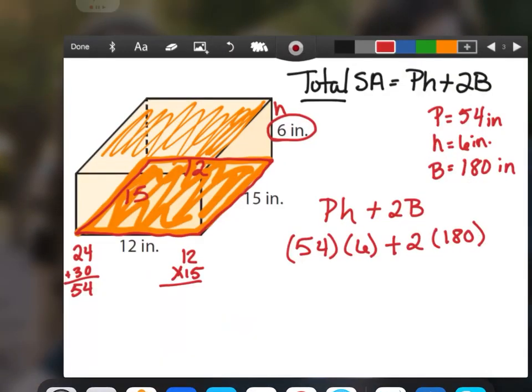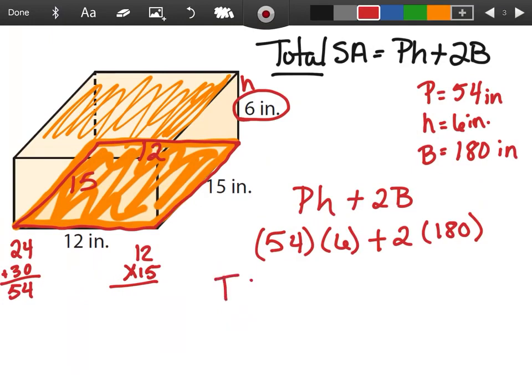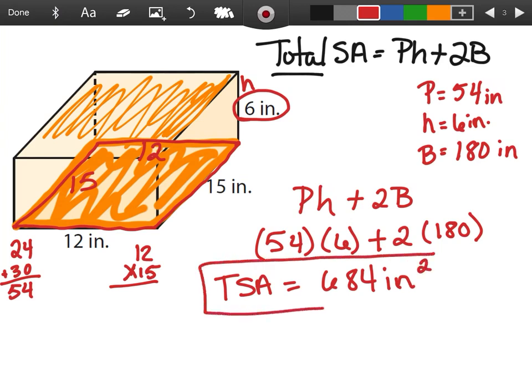So my total surface area is 684 inches. Because I'm doing area, I know that area is always squared. So my total surface area for this one would be 684 square inches.